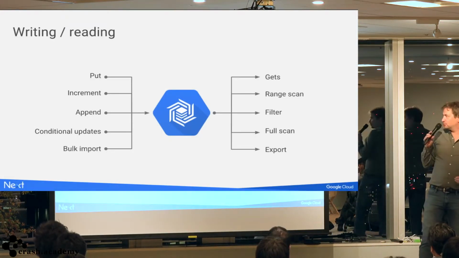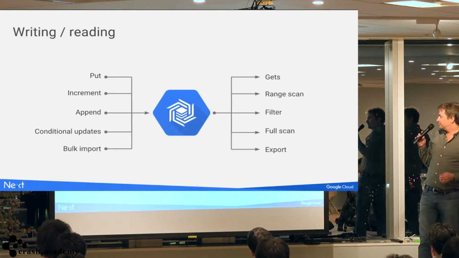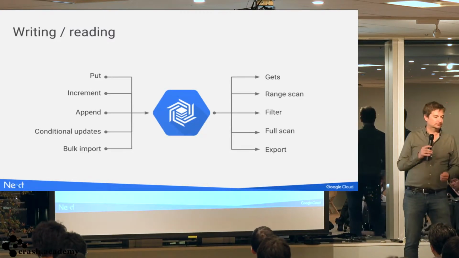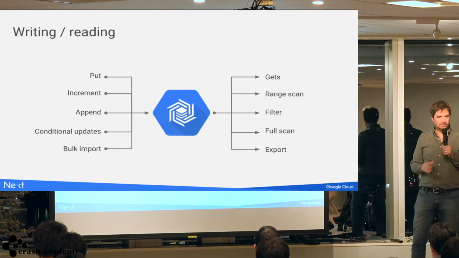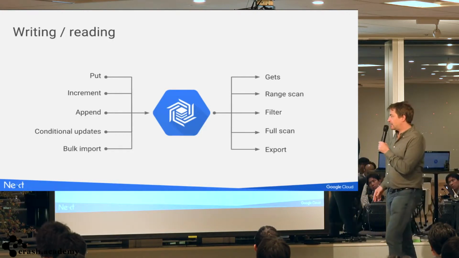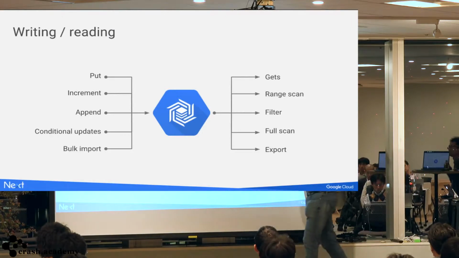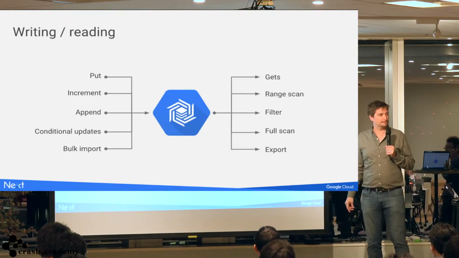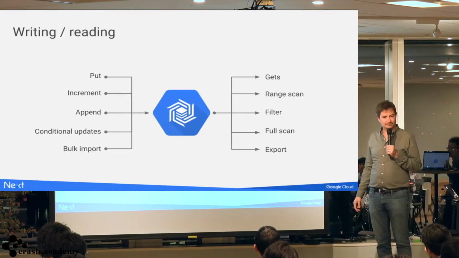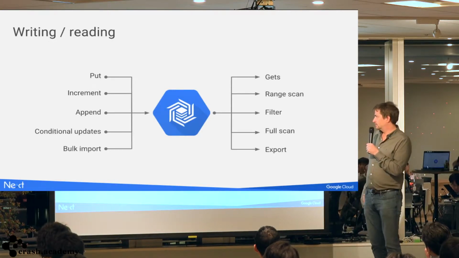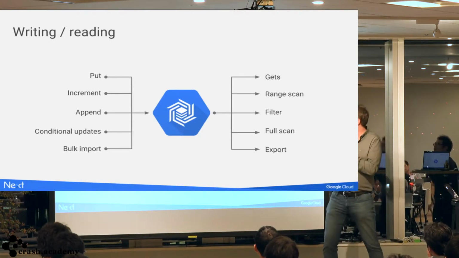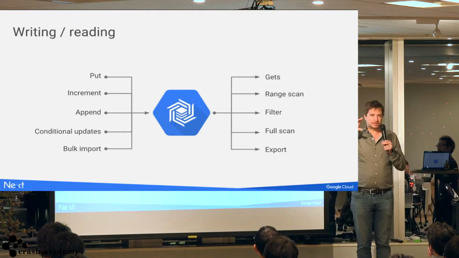So, there are a handful of ways to read and write to Bigtable. Your most common operations are your put, your get, and your scan. A put and a get access a single row.